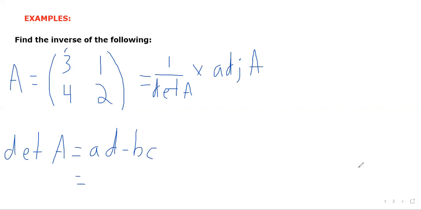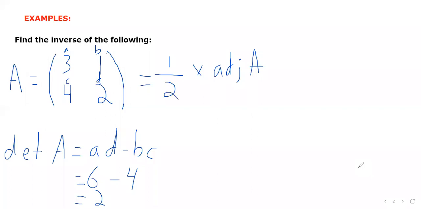So if we go up, this will be A, B, C, and D. A by D is 3 by 2, which is 6, minus B by C, 4 by 1, which is 4. So the determinant will be 2. So now we know the determinant of A is 2.